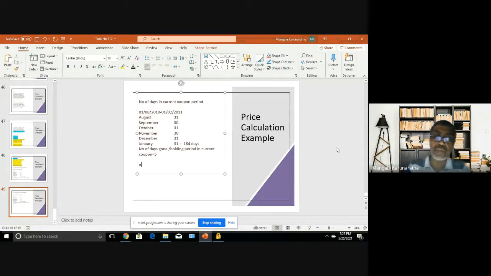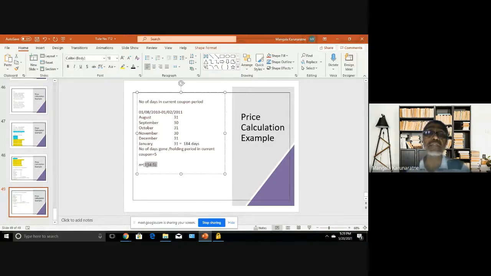So N for the broken period is 184 minus 5, right? Why? Because the 5 days are already gone. That interest belongs to the past.